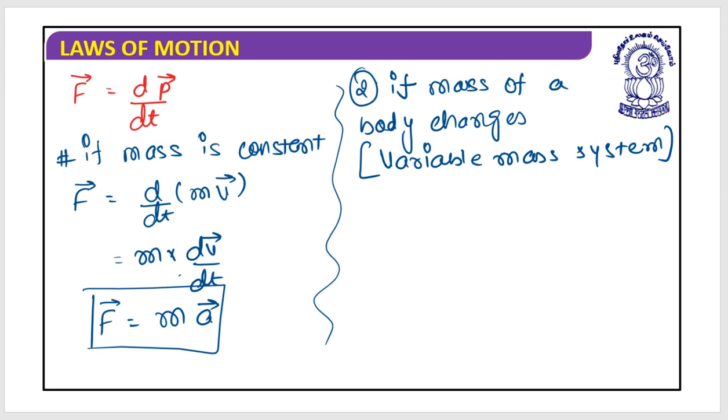Is it possible? Any applications? Take 10 seconds and let me know. Do you know any applications where the mass of an object changes but its velocity remains constant? Any instance where mass is changing?